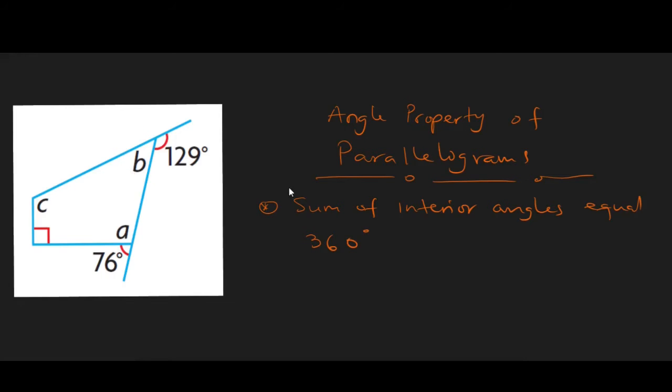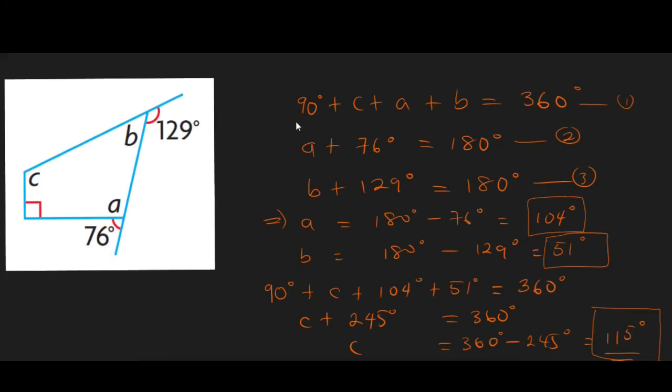So these are extra clues that can help us to solve for B and A. Then we can use the angle property of quadrilaterals to solve for C. So as mentioned earlier, the 90 degrees plus C plus A plus B equals 360 degrees. Again, angle A plus 76 equals 180 degrees as shown in equation 2. And angle B and 129 add up to 180 degrees as shown in equation 3.